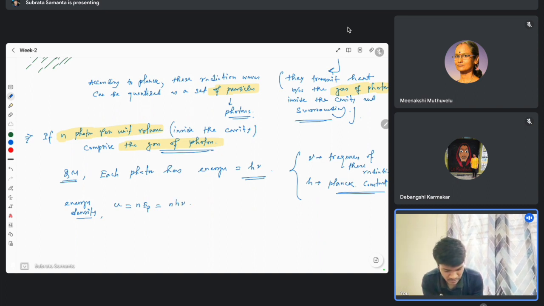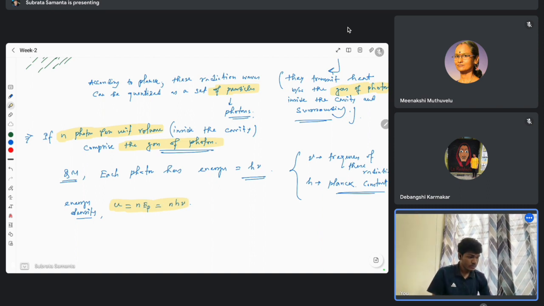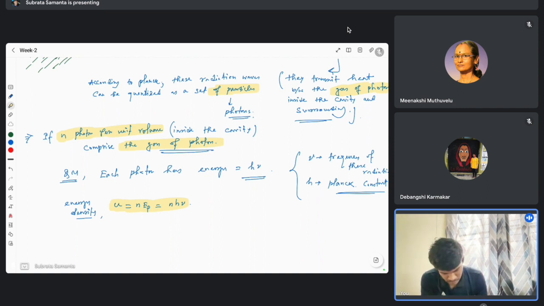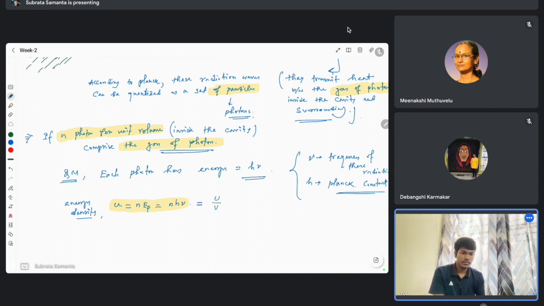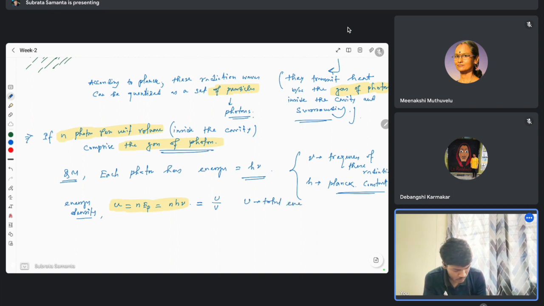This is the energy density, right? And you can write this energy density as U by V, the total energy per total volume.